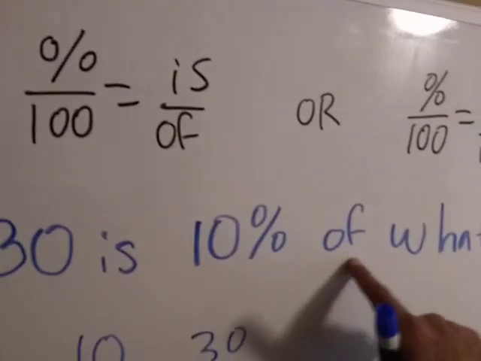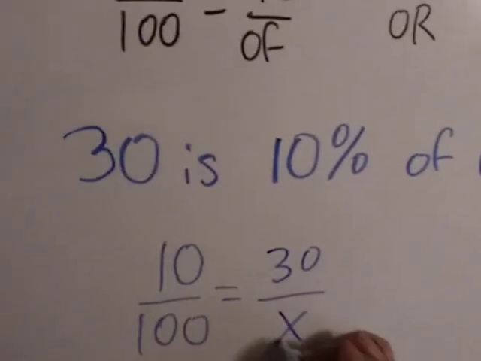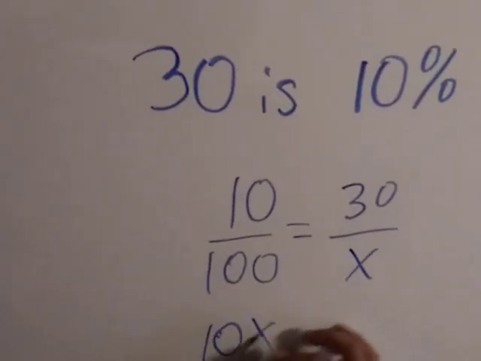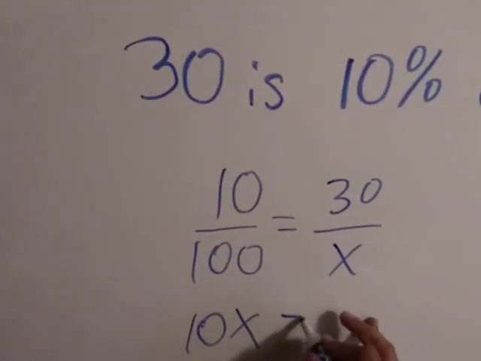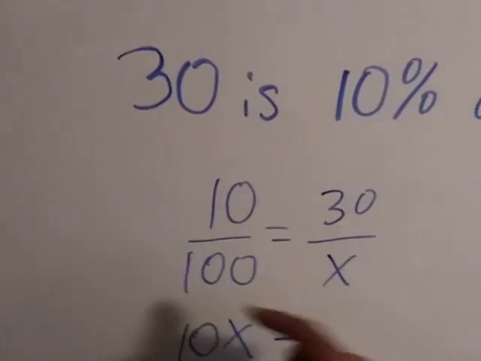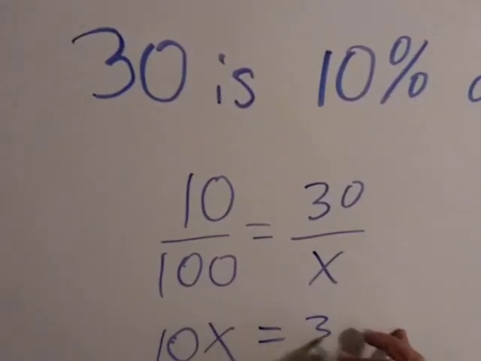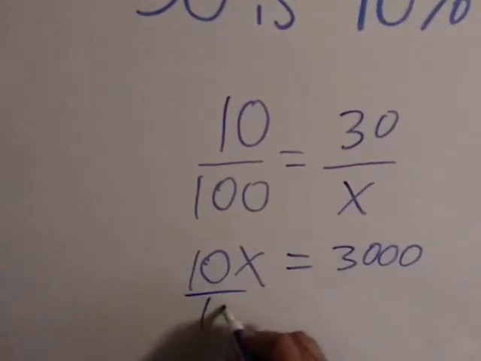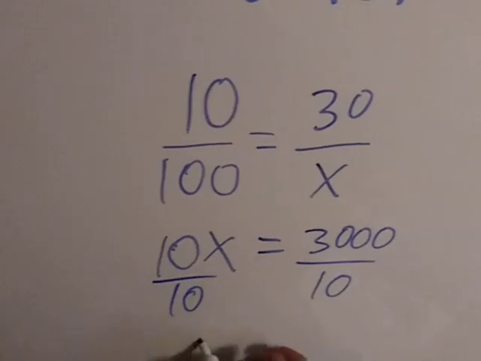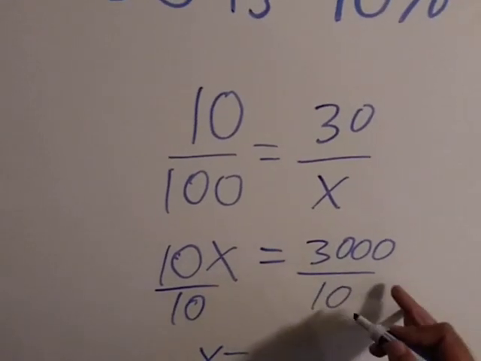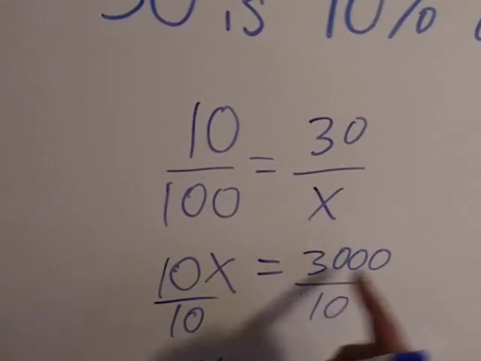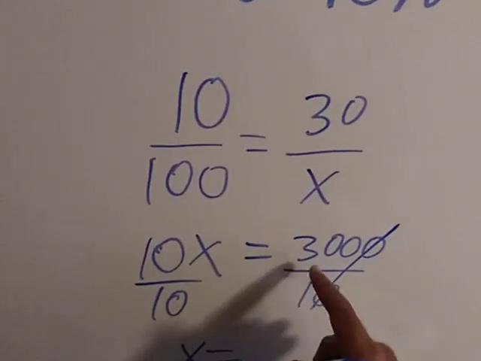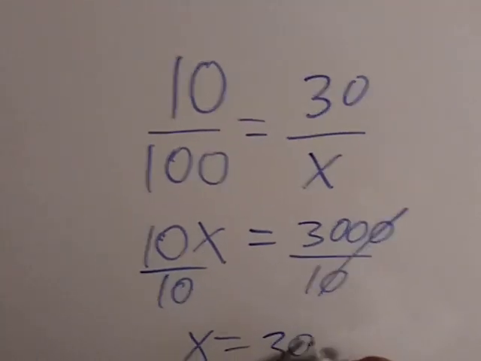The "of" is the unknown because we don't know what number it is, so we'll put an x here on the bottom. And again, we go through the same motion. So 10x by cross multiplying is equal to 30 times 100, which gives us 3,000. And we divide by 10, so when you have a 0 on the bottom, 0 on the top, cancel it out, and then it's 300 over 1, which is your answer there.